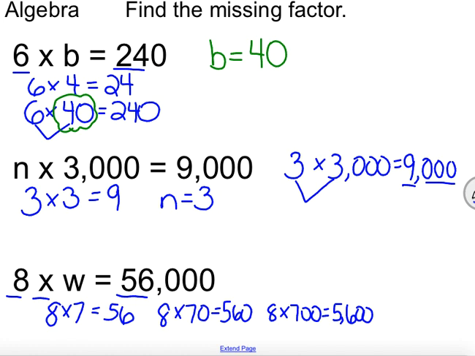So I know that I need to go further because I'm trying to get up to 56,000. So I'm going to try one more. 8 times 7,000 this time. And I get 56,000. So W equals 7,000.